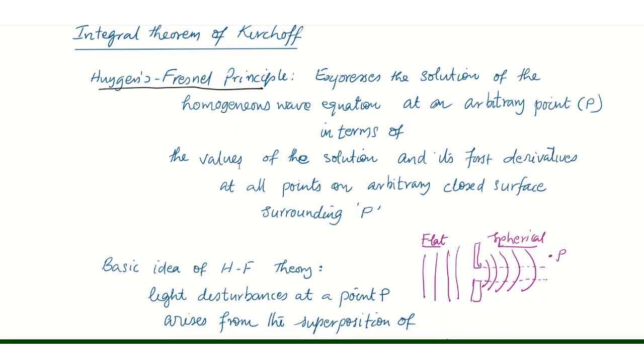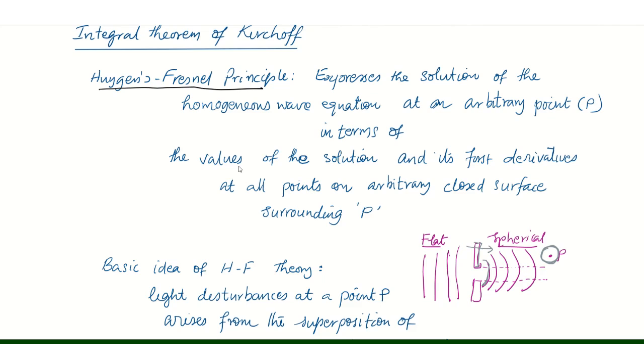What it says is that, okay, well, suppose we have to find the field distribution at one particular point P after the source. This is our obstacle that makes the source which emits a spherical wavefront. And the Huygens principle says that each point in the wavefront will act like a source of secondary waves.